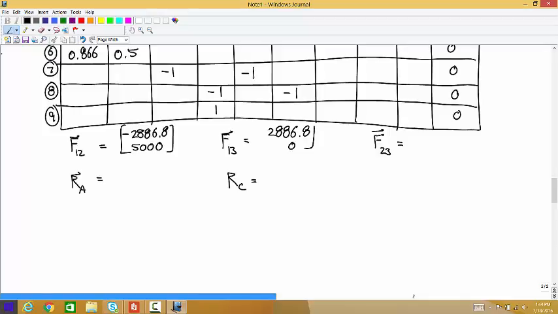For F23, I have negative 2886.8 and 0. For RA, I have 0 and 2113.2.